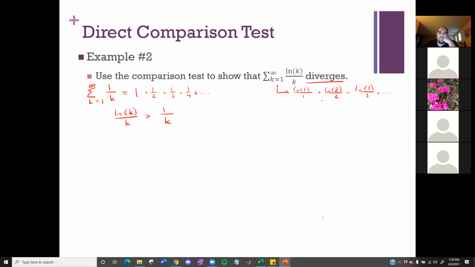So let me put some details here. Natural log of 1 over 1 is less than 1 over 1, clearly. Natural log of 2 over 2 is less than 1 over 2, but natural log of 3 over 3 is greater than 1 over 3.